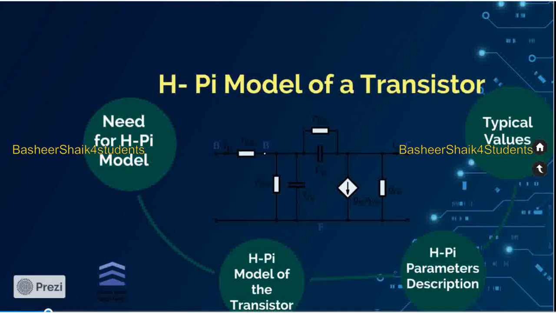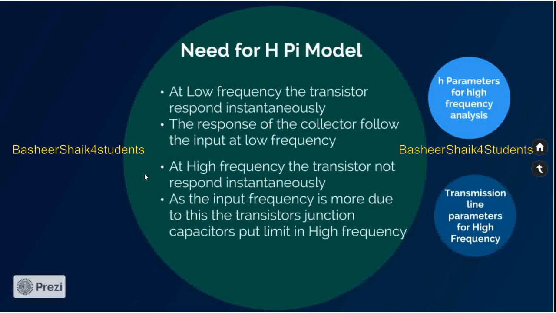In this video, we are going to discuss the hybrid-pi model of a transistor. Before entering into the topic, we need to know why we should go for the hybrid-pi model. At low frequency, the transistor responds instantaneously. It means the output at the collector follows the input at low frequency values.